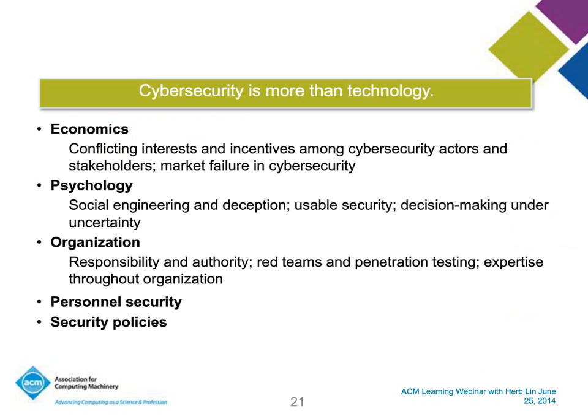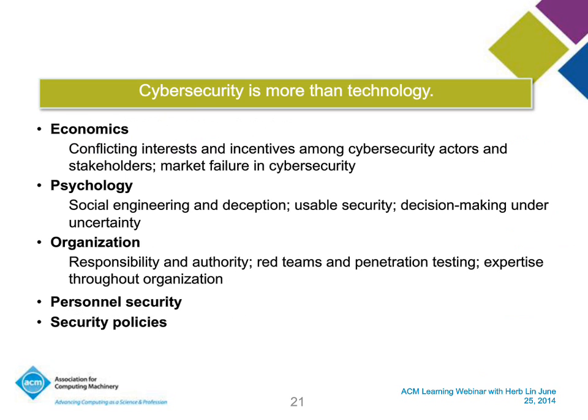One of the most important lessons of the report is that cybersecurity is much more than just technology. Economics plays a major role in shaping cybersecurity policy, and policy has to be cognizant of that. Psychology is very important. Social engineering is all based on deception. It's also important in formulating usable security, that is, security measures that people can actually use.